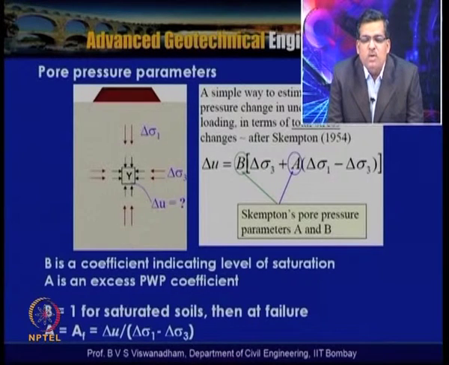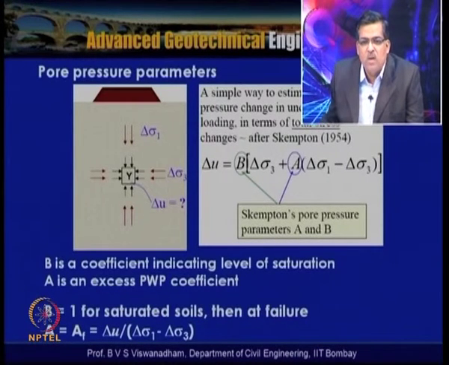B is a coefficient indicating the level of saturation. B equal to 0 is basically a dry soil, and B equal to 1 indicates that the soil is completely saturated, and A is the excess pore water pressure coefficient. So B is equal to 1 for saturated soils.